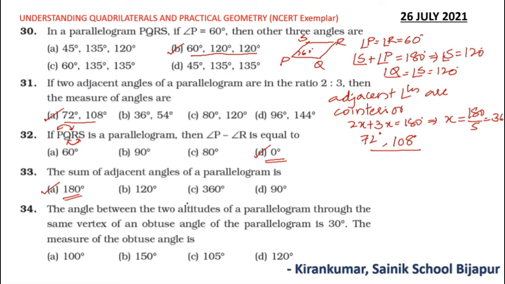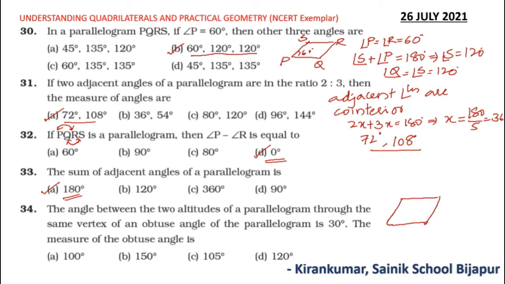Question 34. The angle between two altitudes of a parallelogram through the same vertex is 30 degree. The measure of the obtuse angle is. So the altitude is drawn from the obtuse angle. For better understanding, I'll make a rough figure. In this parallelogram, the obtuse angle is this.